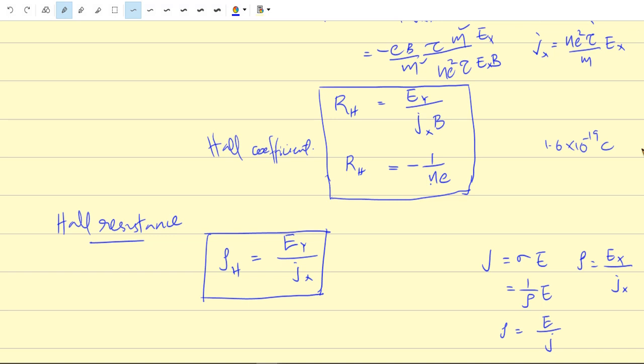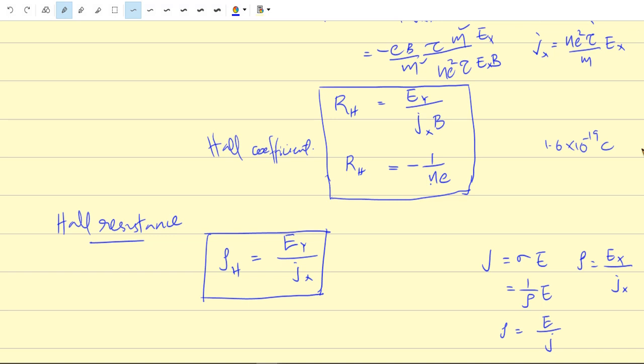For electrons it is negative. In semiconductors sometimes the charge carriers may be holes, and in that case it will be positive. So we can find out whether it is a p-type or n-type semiconductor. Similarly we can find out the carrier concentration using the Hall effect.